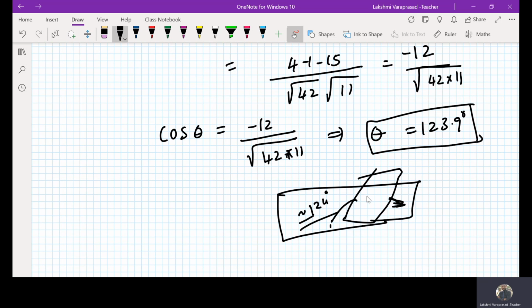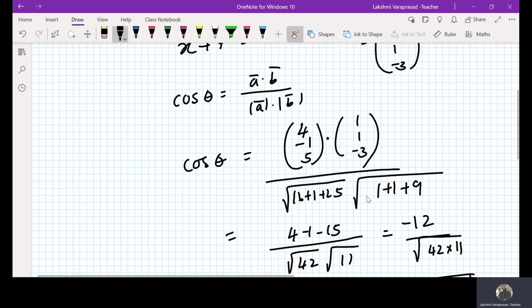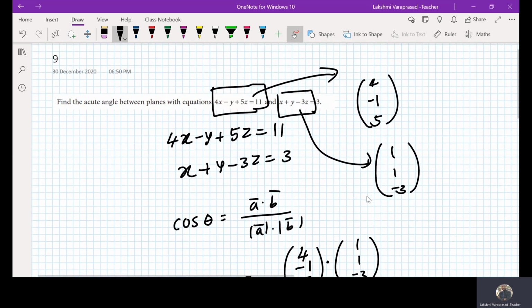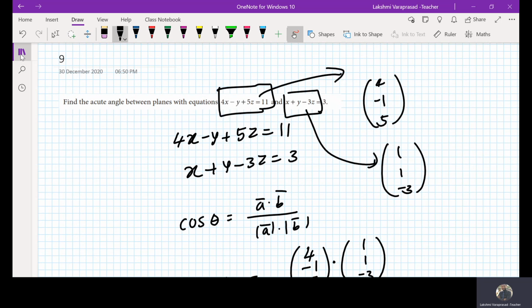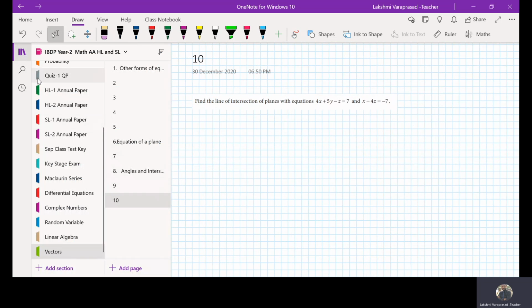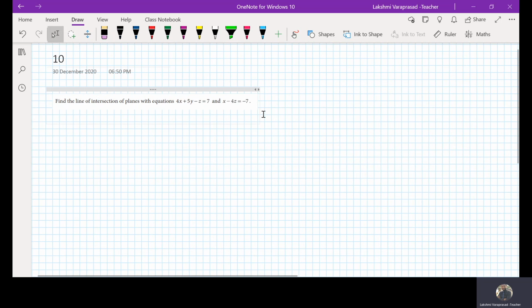The two planes are intersecting at an angle of 124 degrees. See, this is the way we find the angle, and we'll learn how to find the intersection too. We'll take one more different example and look into it.